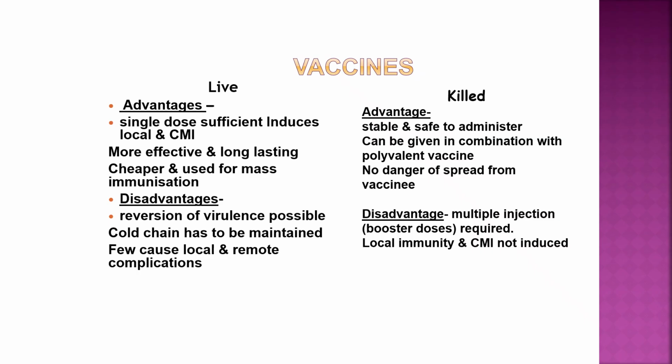But the disadvantage is that virulence may be there because live virus is used, and for that cold chain has to be maintained. Killed vaccines are stable, cold chain has no role in that, and they are safe to administer, with no virulence of vaccine virus. But the disadvantage is you have to give multiple injections or booster doses, and local immunity is not produced.